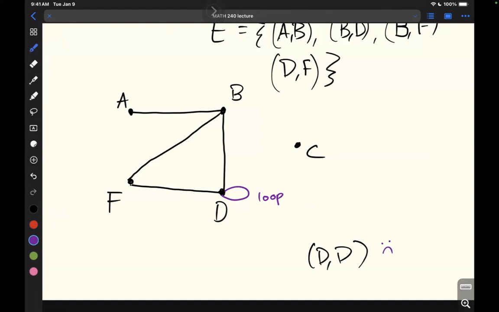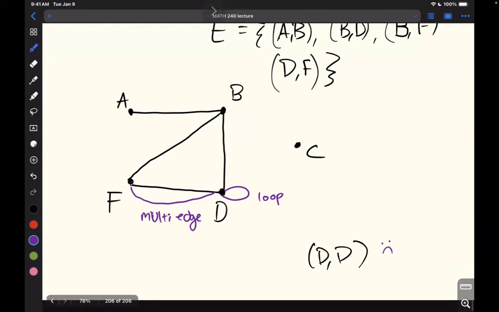There's also something called a multi-edge, which is where there's already an edge between F and D, but if we drew another one, that is what we call a multi-edge, because now we've covered that edge twice.